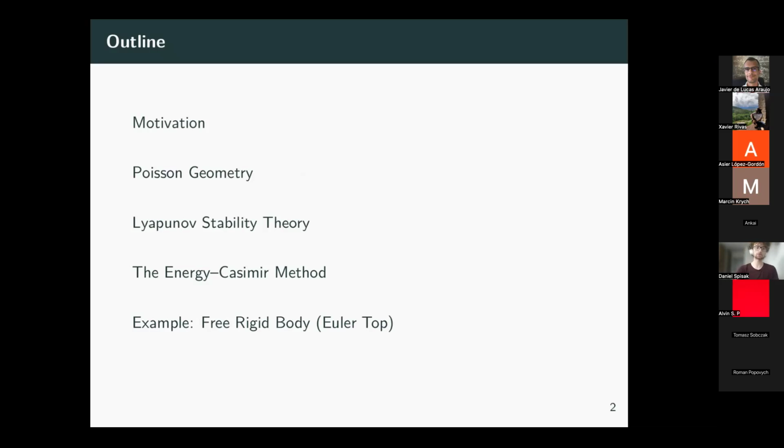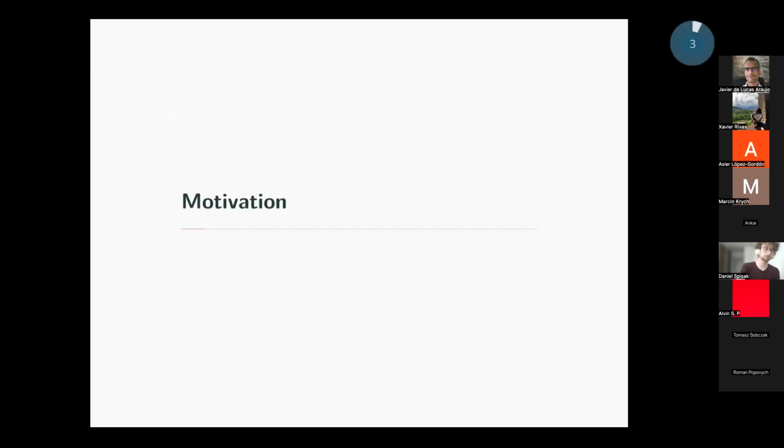Then I will introduce the basics of Poisson geometry, then the basics of Lyapunov stability theory. And finally, I will formulate the Energy-Casimir method and apply it to a free rigid body in a specific case, easy to calculate.